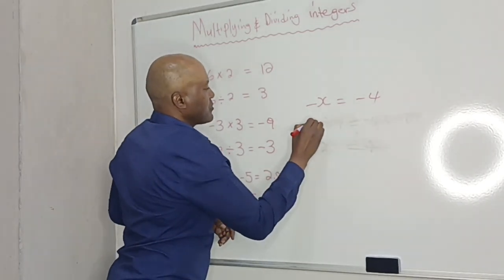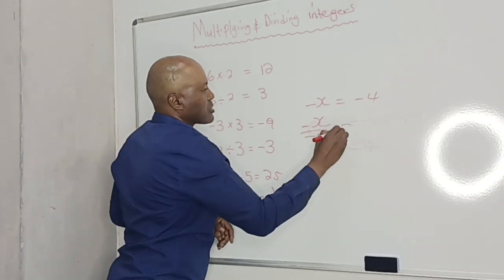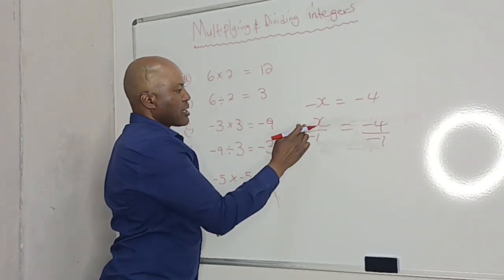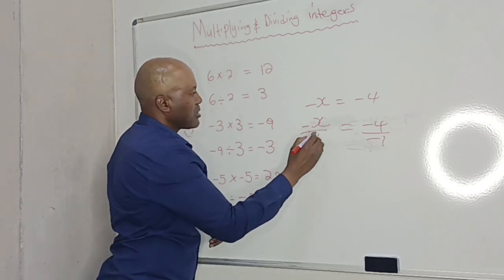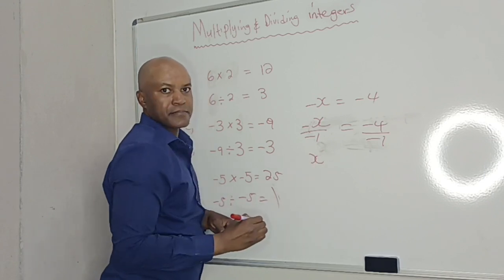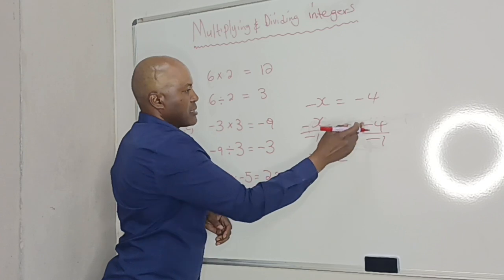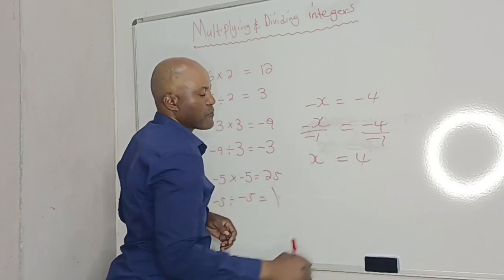You'll say, okay, negative x divided by negative 1 is equal to negative 4 divided by negative 1. Okay? You count the number of negatives. There are 2. 2 is an even number. You remain with x is equal to... Same applies here. You count the negatives. Even number, which is 2. Then the answer is 4. Okay?